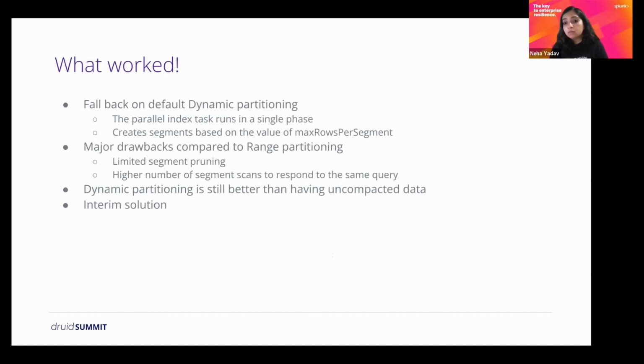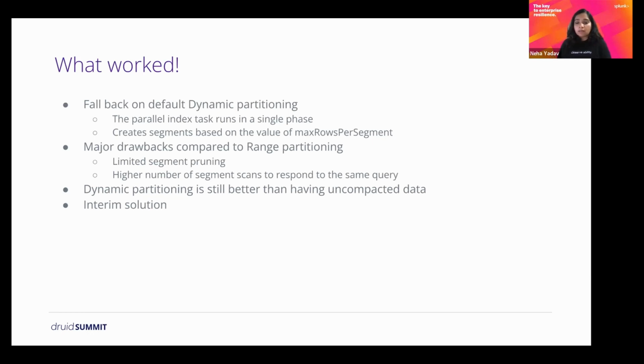Based on our experience with our OSS clusters and what we had learned about dynamic partitioning, we fell back to enabling dynamic partitioning. What dynamic partitioning does is the parallel index task runs in just one single phase, and all it does is combine the segments based on the values of max rows per segment.